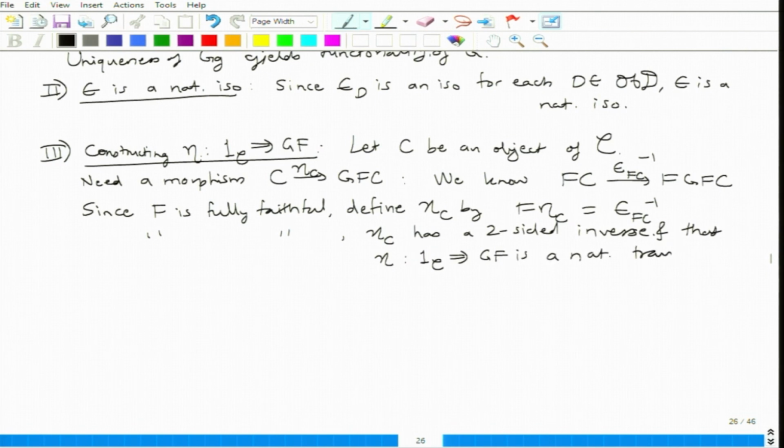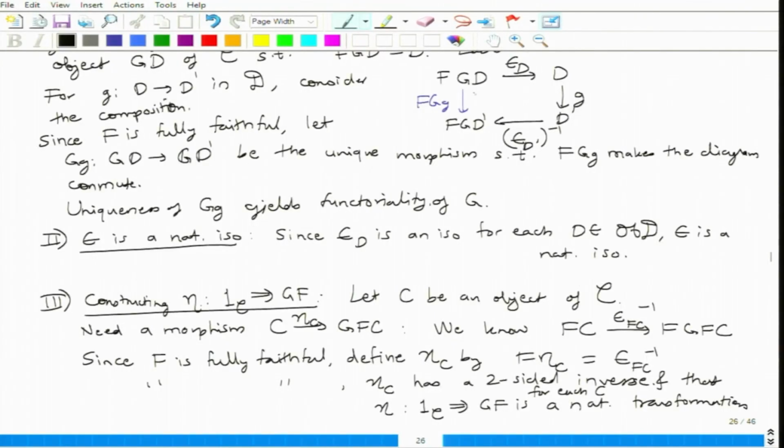Here I am just saying natural transformation, but I just said that eta C is a two-sided inverse for each C. So that will conclude that it is a natural isomorphism. Epsilon is a natural isomorphism, in that we said that if it is a natural transformation, then it is a natural isomorphism, because each component is an isomorphism. But we did not show that it is actually a natural transformation. How do we get that?